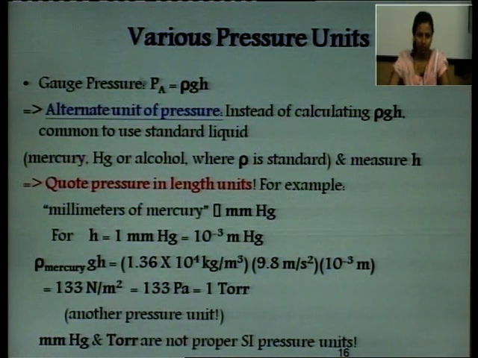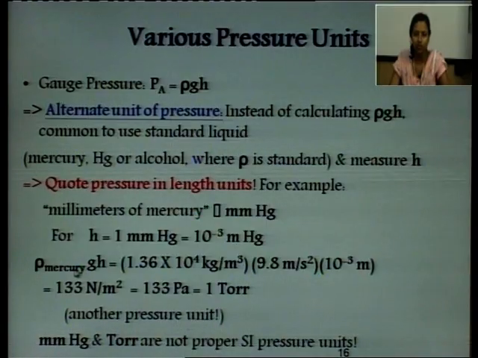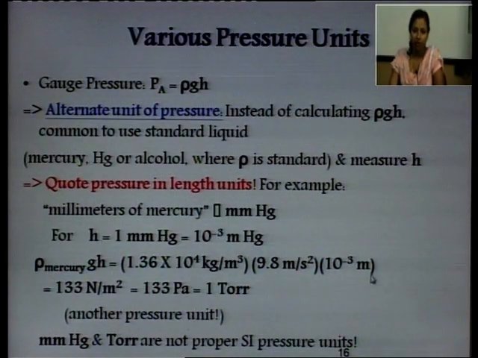Gauge pressure we will define in the next slides. It is equal to rho GH, where rho is the density of the liquid or the fluid, G is the acceleration due to gravity, and H is height of the mercury column. So if we use mercury in the column, then rho GH is equal to density of the mercury, 13600, so it is 1.36 into 10 raised to power 4 kilogram per meter cube, and G is acceleration due to gravity, it is 9.8, height is 10 raised to power minus 3 meter.